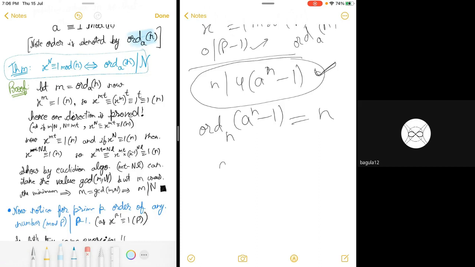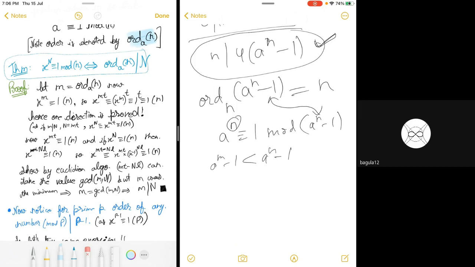This is because a to the n is congruent to 1 modulo a to the n minus 1. Also n is the smallest integer satisfying this because all the numbers m less than n will make a to the m minus 1 less than a to the n minus 1, so it cannot be congruent to 0 modulo a to the n minus 1.